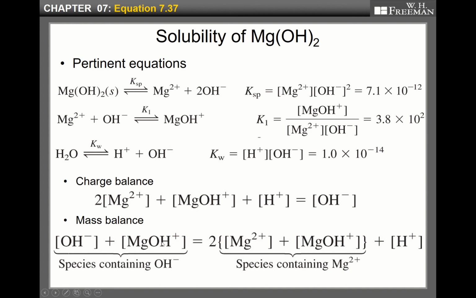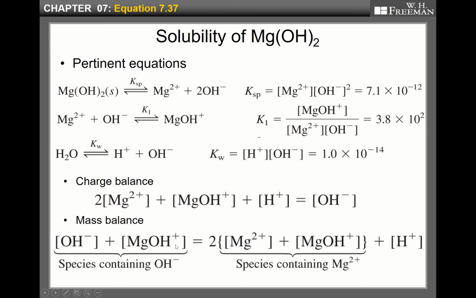On the left side we write the species containing hydroxide ion, which is hydroxide ion itself and magnesium monohydroxide. On the right side we write the species containing magnesium ion, which is magnesium ion itself and magnesium monohydroxide, and we have to multiply by 2 because in this first equation the hydroxide ion concentration is 2 times larger than magnesium ion.